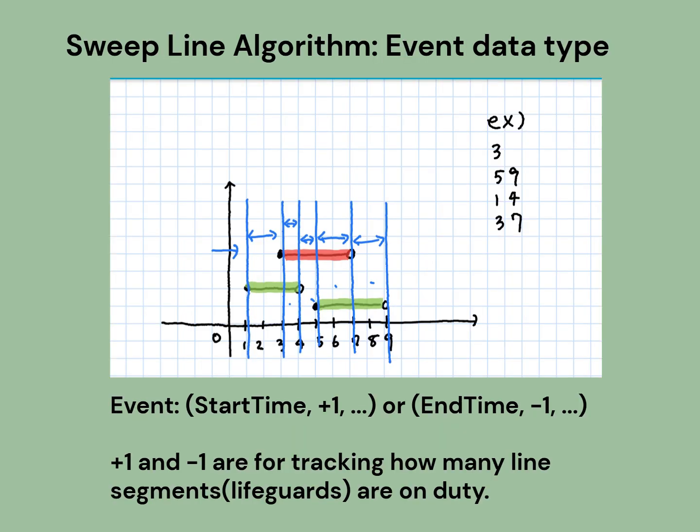In this example, each blue line segment represents the length between events. By separating the scheduling interval into start time and end time, we can track these segments separately and efficiently. Also, by adding +1 or -1, we can annotate the data as arrival and leave from the duty.